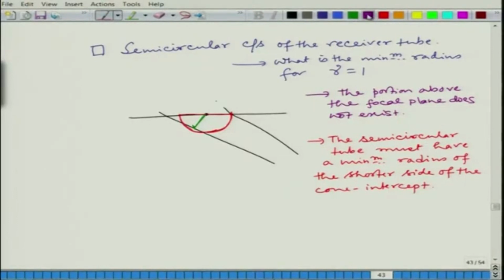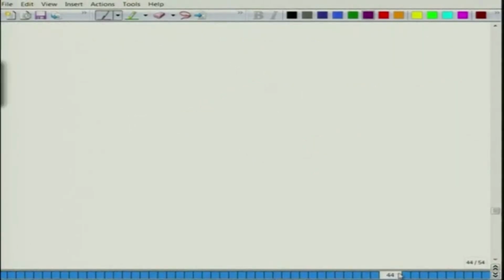Okay. That means the minimum radius would be this length, this would be the minimum radius. Okay. So, now we can find that particular length, and in a similar way we can find what would be the minimum diameter for the semicircular tube.